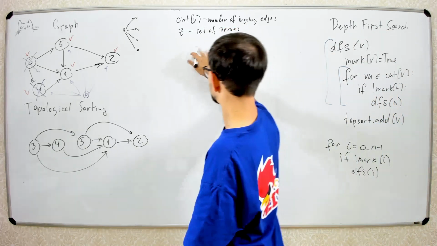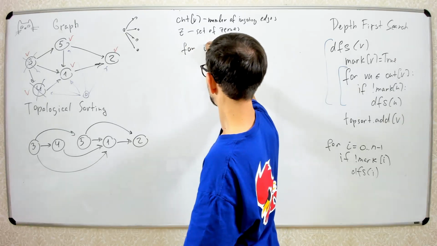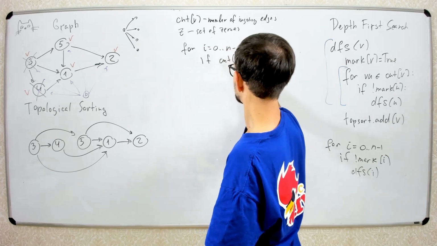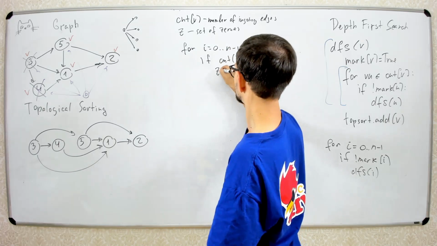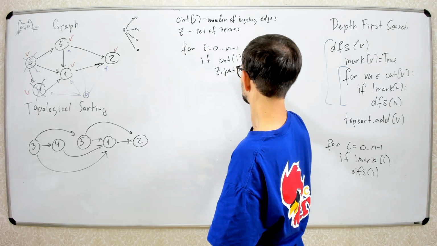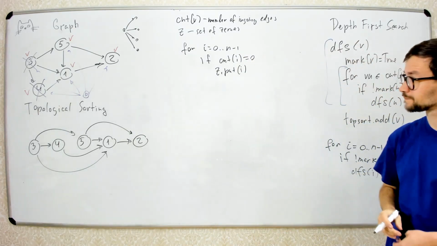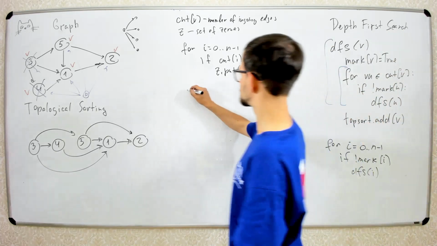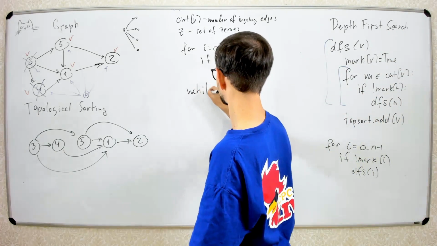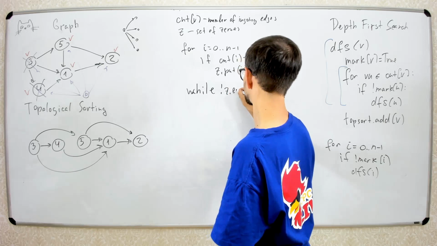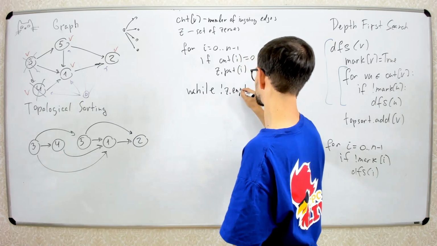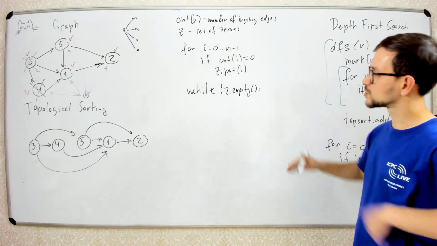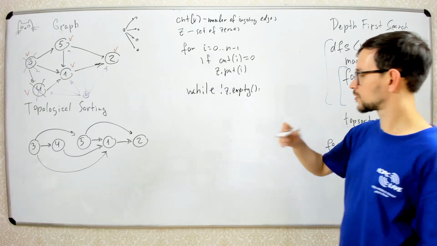Now first let's put in all the zeros. So we iterate over all nodes, and if the counter is 0, we just put the node i into this set. Then, while this set is not empty, we just take any node from this set.